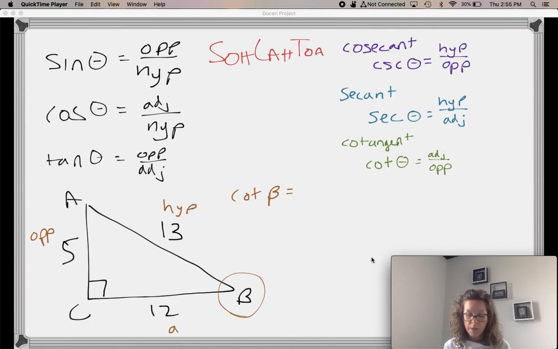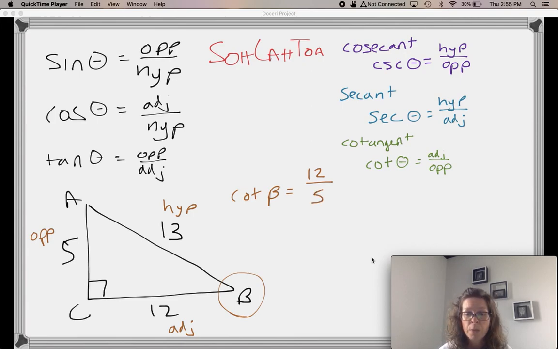And 12 is adjacent to B. So cotangent partners with tangent. Tangent would be opposite over adjacent. So cotangent is going to flip that upside down and be adjacent over opposite.